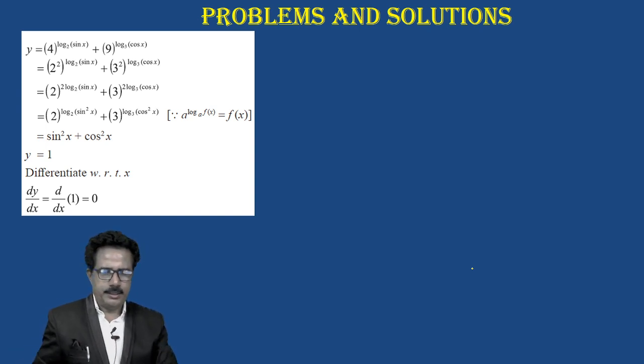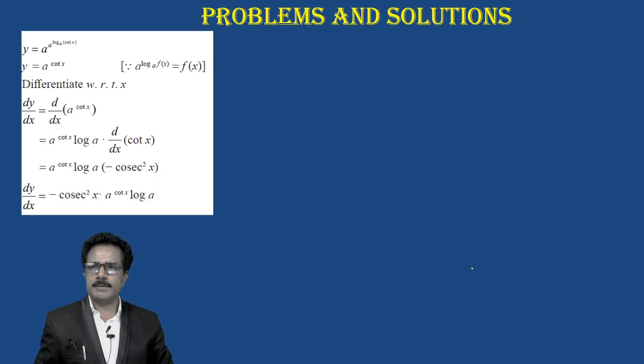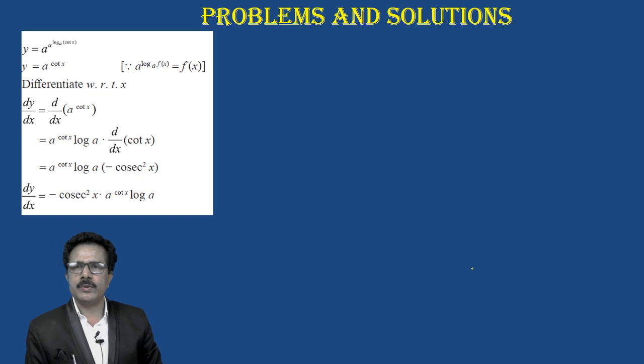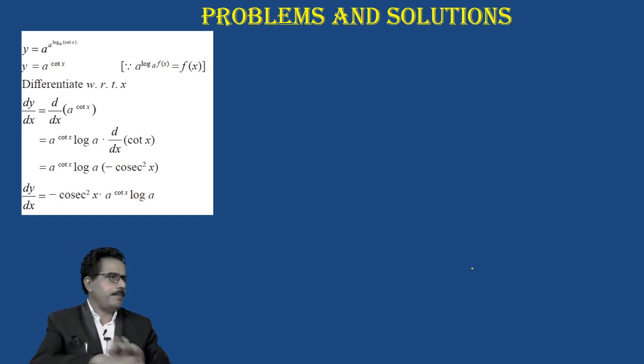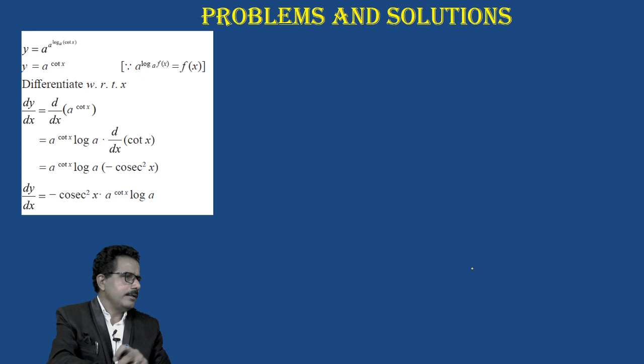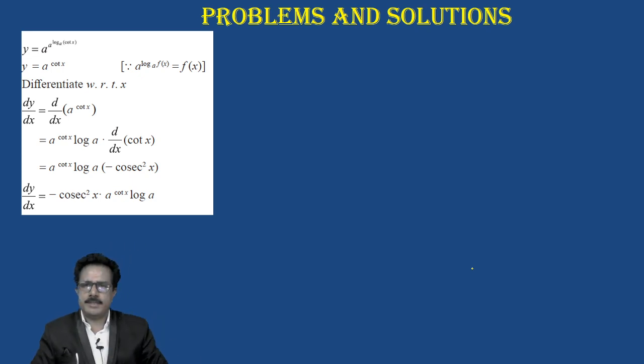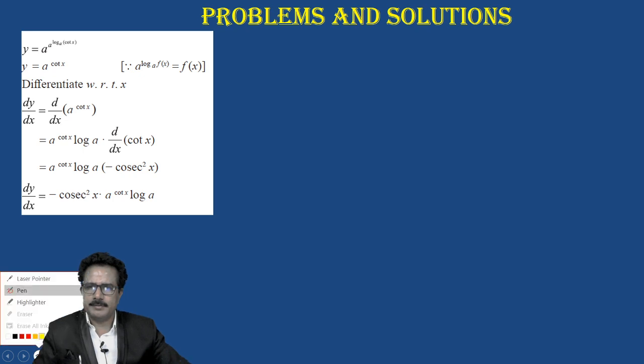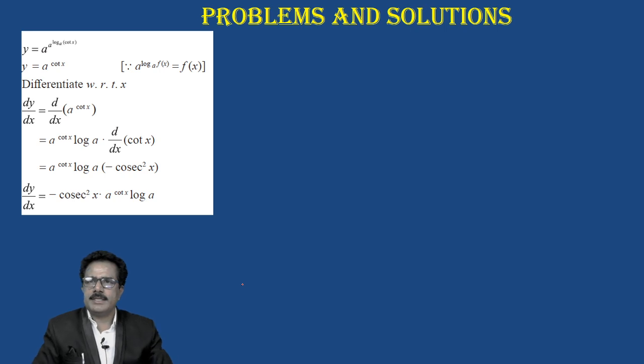Now we shall discuss a new type of problem. Suppose a raised to a, this type of problem. Now here we shall study another type of problem. What is that?